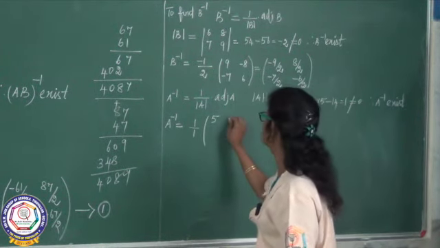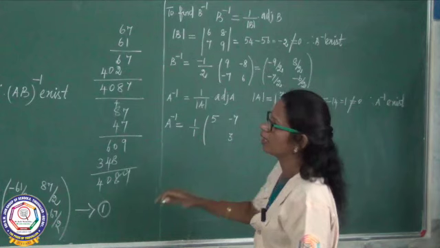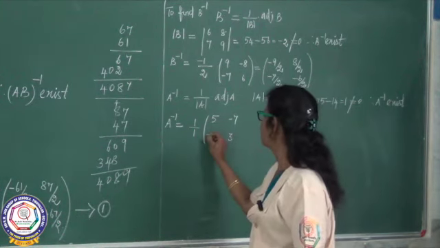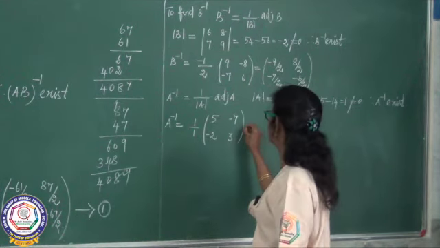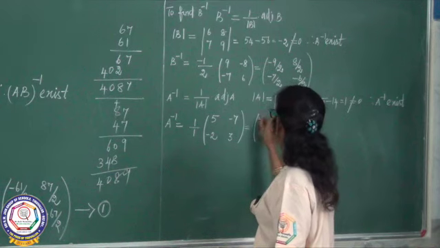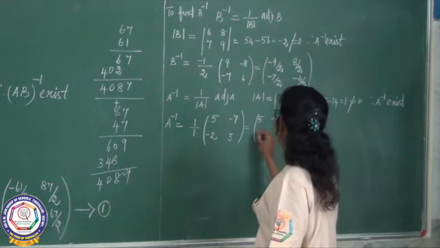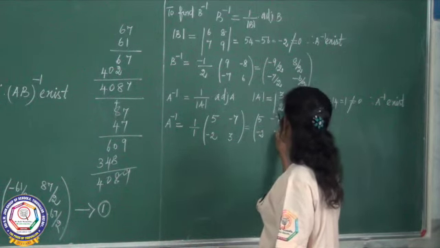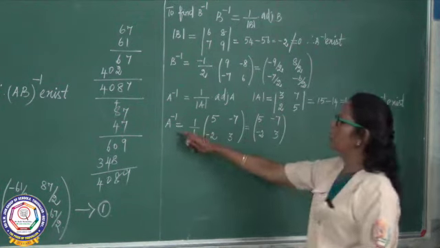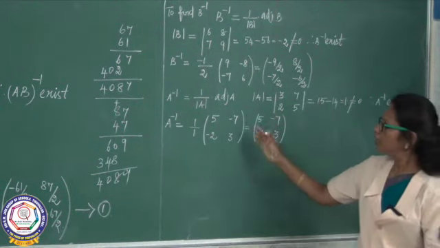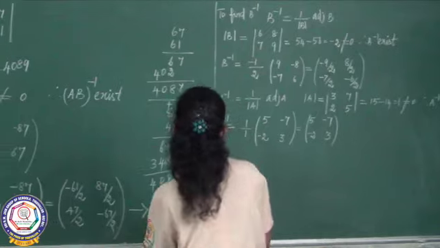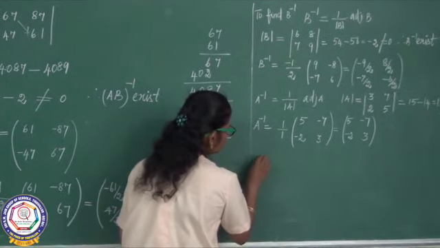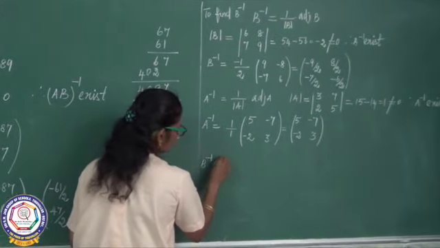Then positive 7 will act as minus 7, positive 2 will act as minus 2. A inverse equal to 5, minus 7, minus 2, 3. The next step, we are going to find out B inverse A inverse.